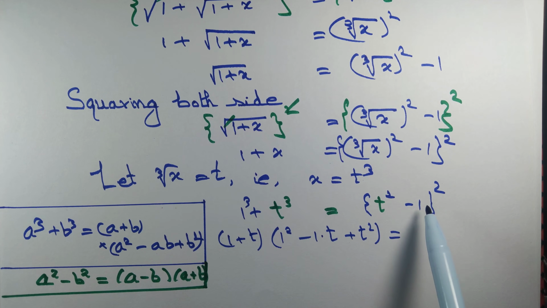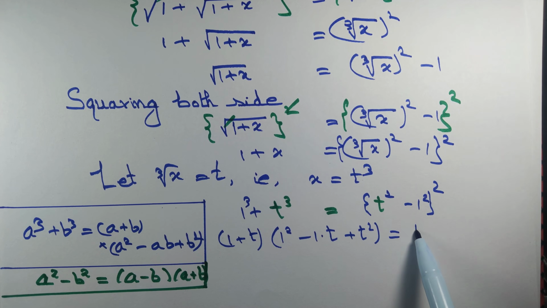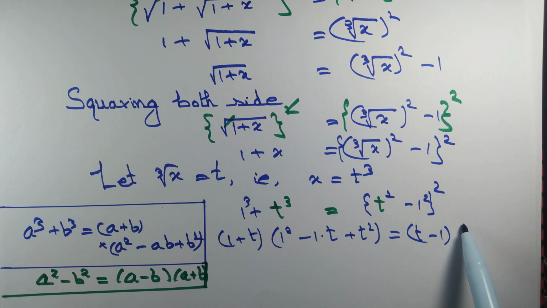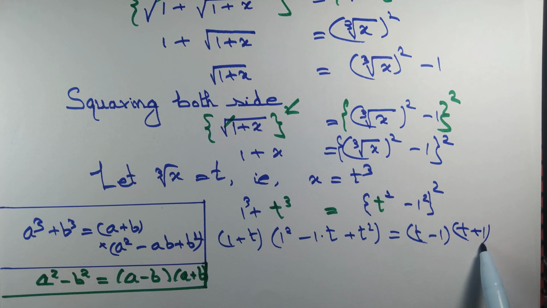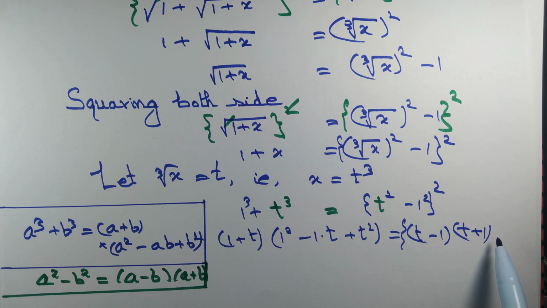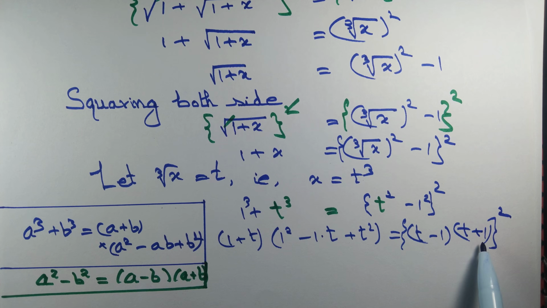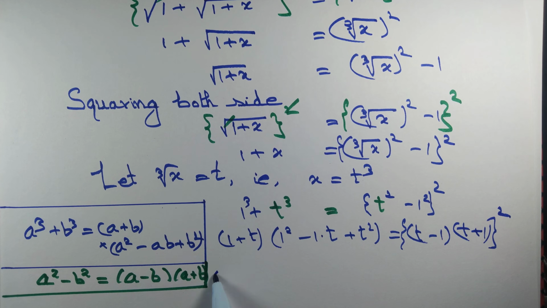So t square minus 1 equal to t minus 1 whole thing into t plus 1. But we have square as well, so we write it. Now you see that on the right hand side we have t plus 1 square, on the left hand side we have t plus 1. So we take t plus 1 common.